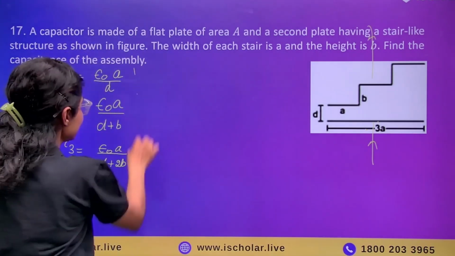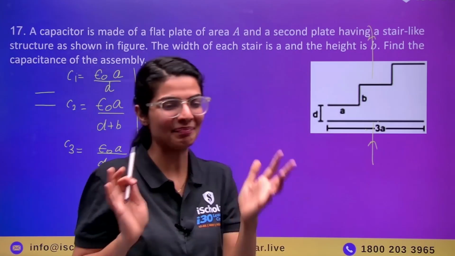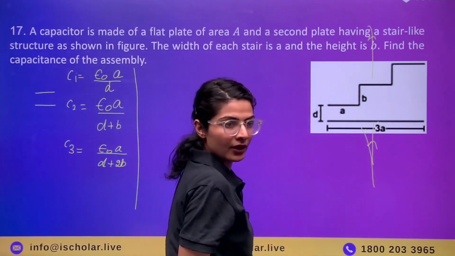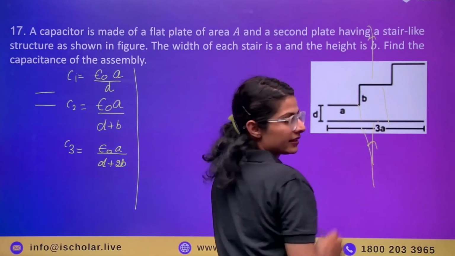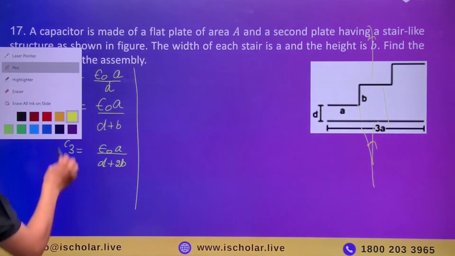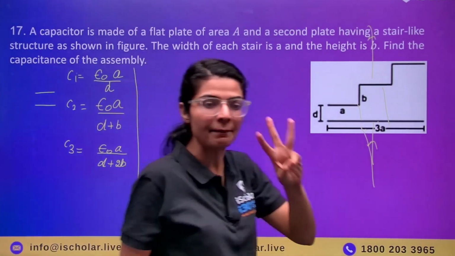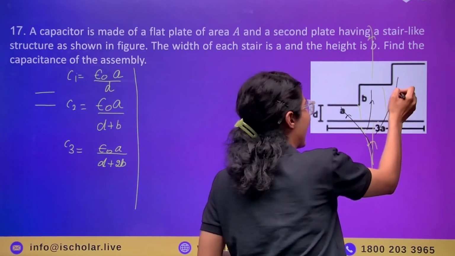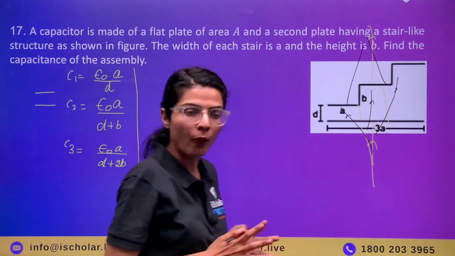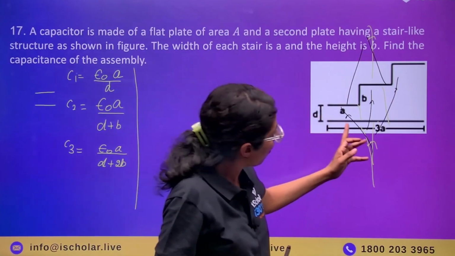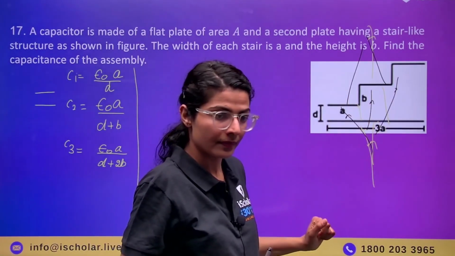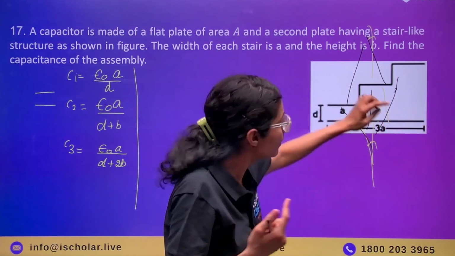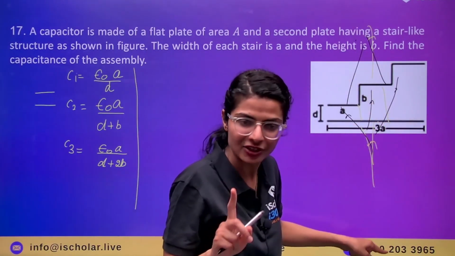Okay. Now let us try to understand whether they are in series or in parallel. See, when the charge is coming from here, now if you can see, we have 3 different capacitors. So students, basically the charge has 3 different paths to flow. It can either go from here, or from here, and can move till here. What I am saying is that all these 3 have the same potential. Why? Because these are connected to the same potential difference.